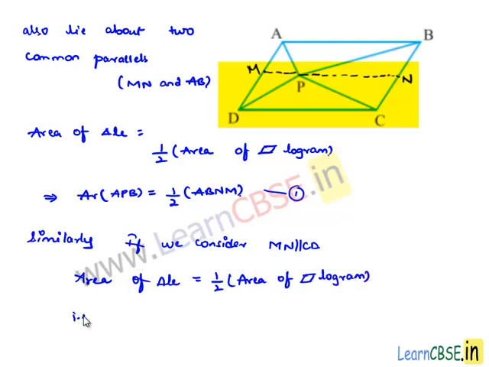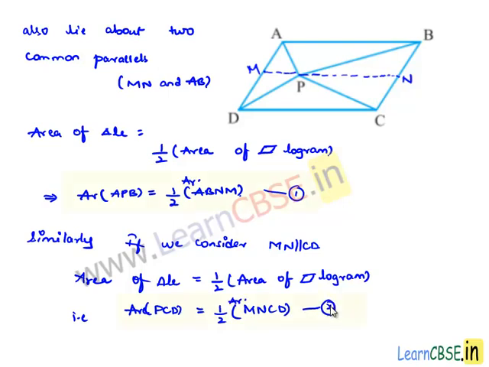That is, area of triangle PCD is equal to half times area of parallelogram MNCD. Let it be equation number 2.